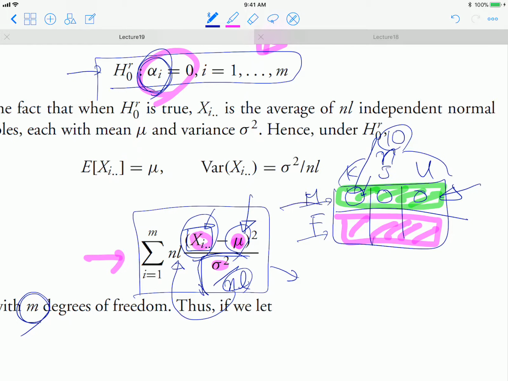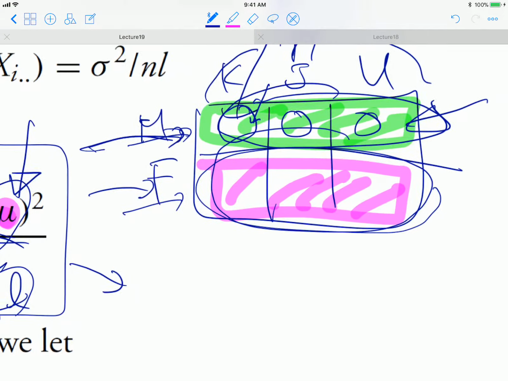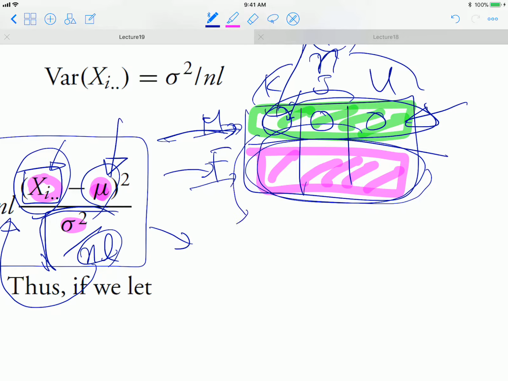So alpha i corresponds to different rows, right? Although it looks a little bit complicated, when looking at the row-wise, we have in this case 30 different samples in the first row, and then another 30 different observations in the second row, right? And then what we are doing is exactly the same thing that we used in the one-way ANOVA. So we compute the sample mean of the first row, and that is represented as 1 dot in this case.